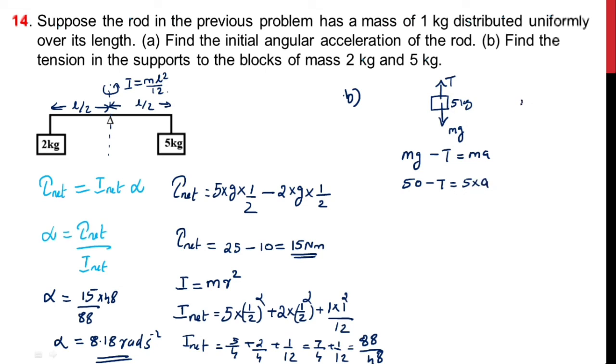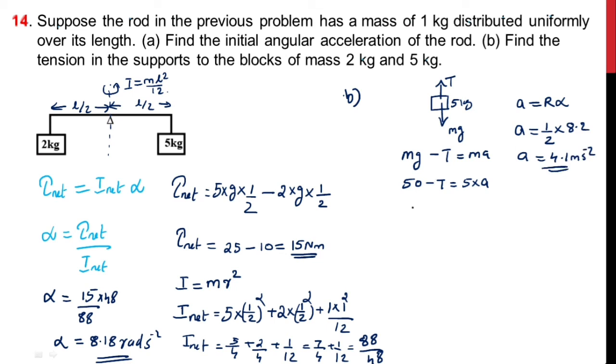So we can write that the linear acceleration a is equal to r alpha. We have already learned that formula. The r value is the distance from the axis of rotation, which is 1 by 2. Alpha we have already calculated, we can take approximately 8.2. So the acceleration is equal to 4.1 meter per second squared.